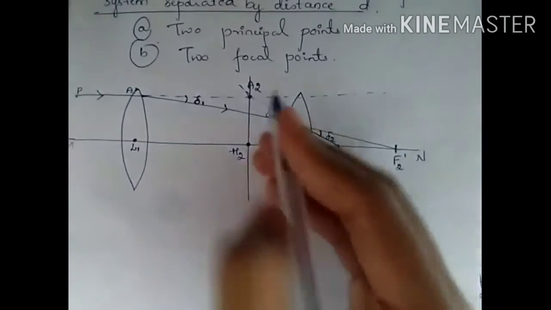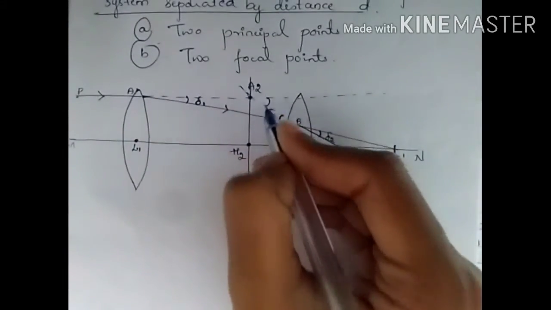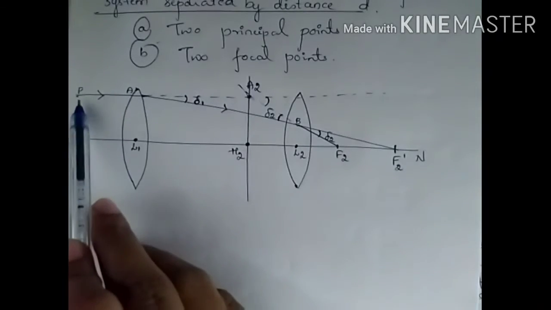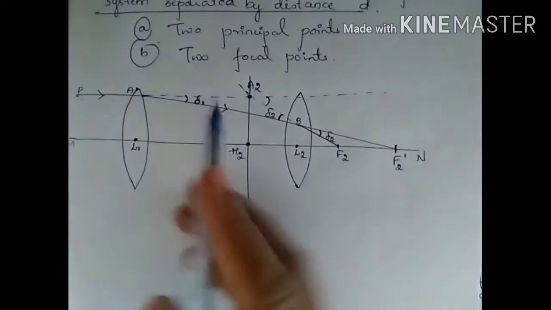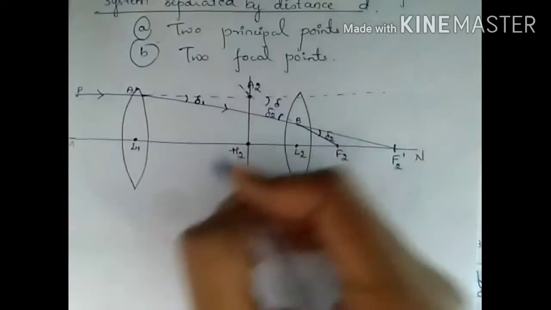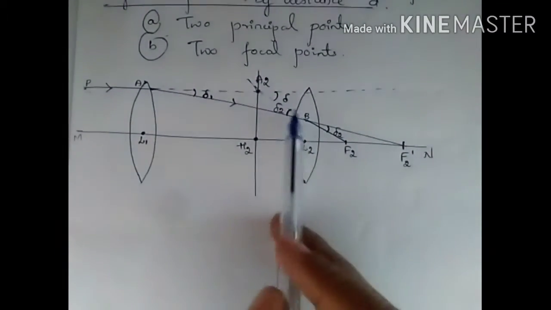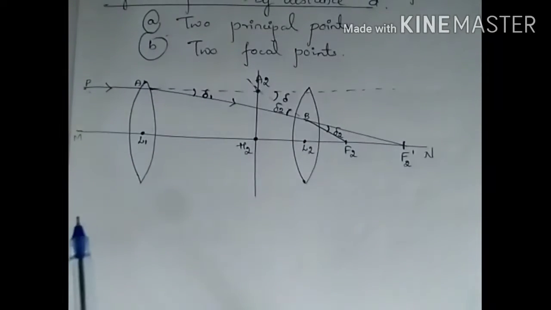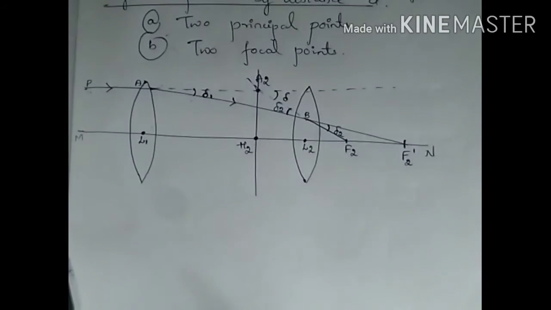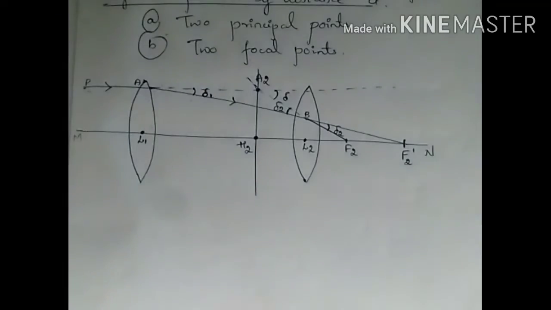And this is the overall angle of deviation for the incident ray PA, that is delta. In the last class we have seen the exterior angle delta is equal to the sum of the interior angles delta 1 and delta 2.